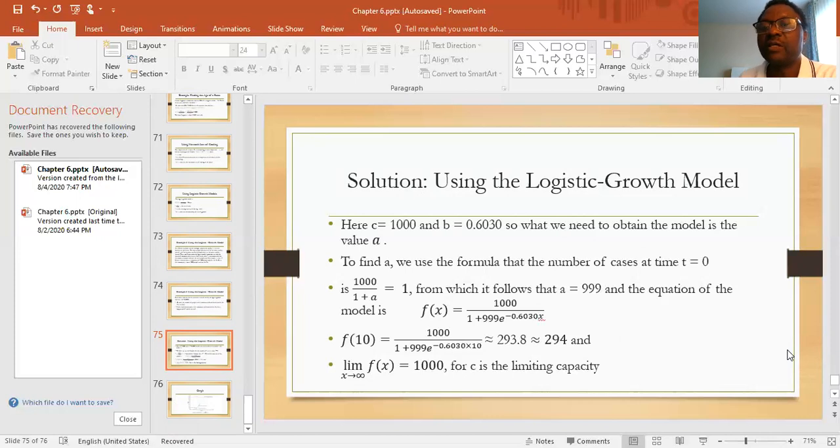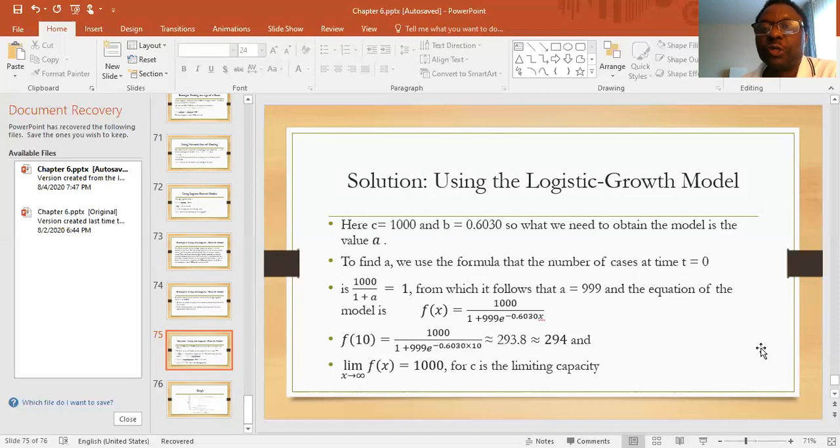We solve for A, and we get A equals 999. The equation of this model is f(x) equals 1,000 over 1 plus 999 e^(-0.6030x). After 10 years, f(10) will be 293.1, which is about 294 people who will get the flu after 10 years. The maximum capacity here is 1,000 because that is the number of people in that population.